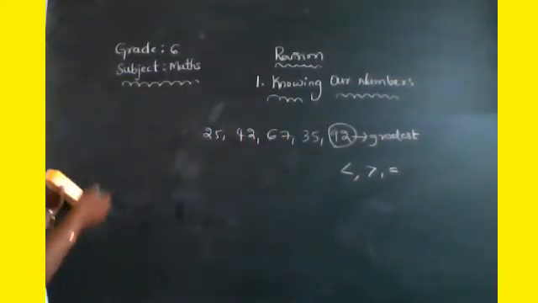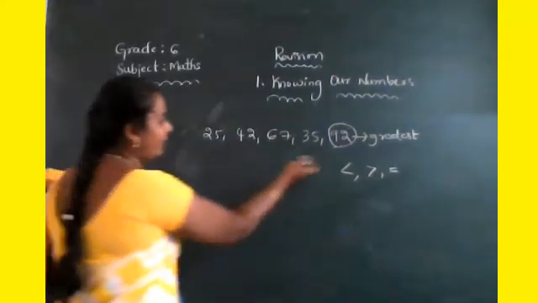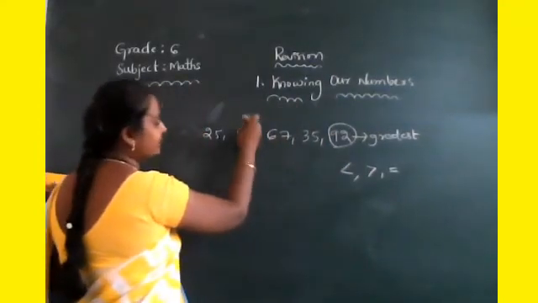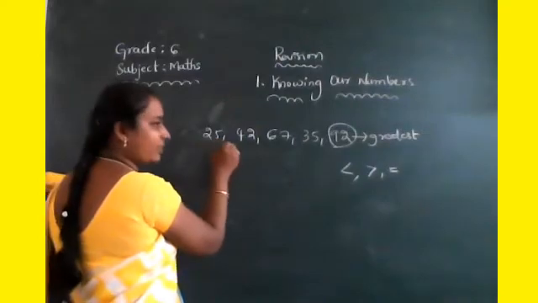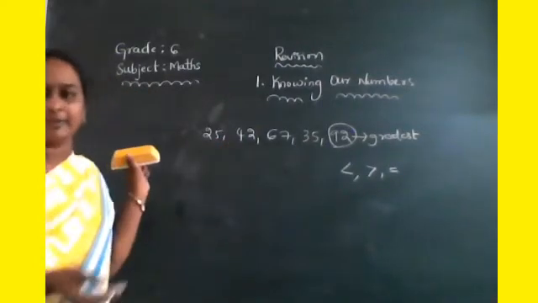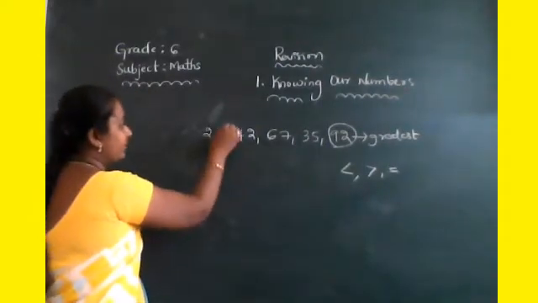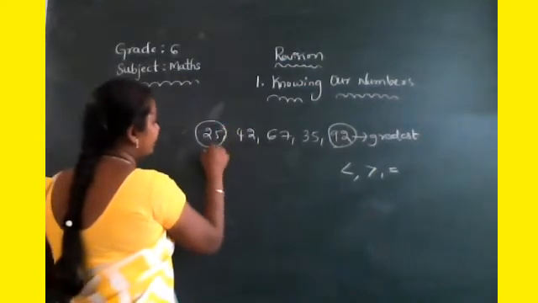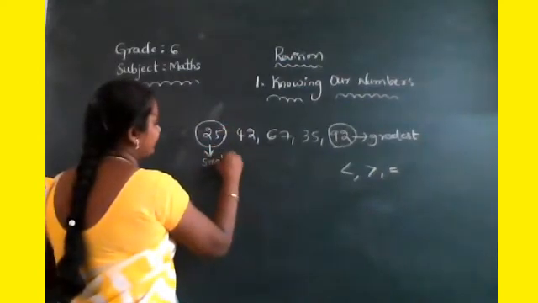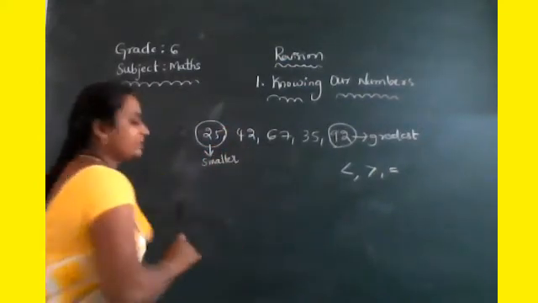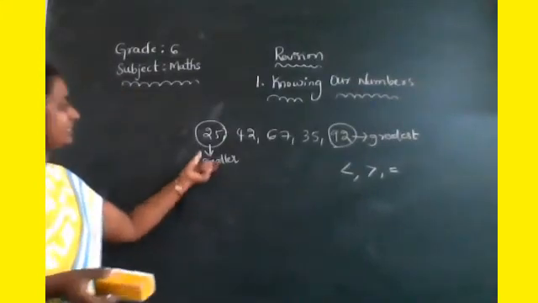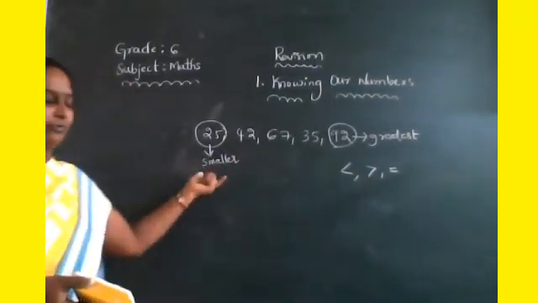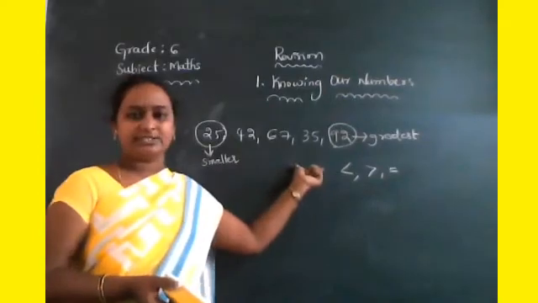So what is the smallest number? Among all these numbers, which is the smallest? Smallest means smaller value. So 25 is the smaller number. This is the smallest number among these.